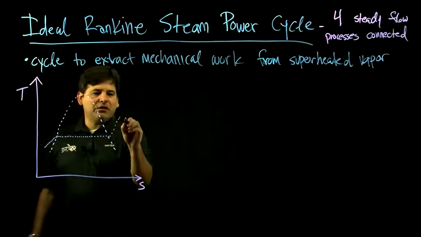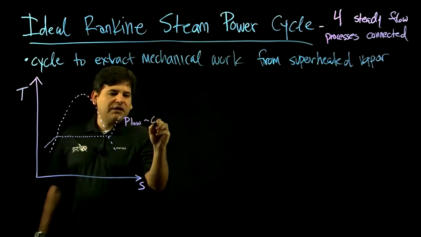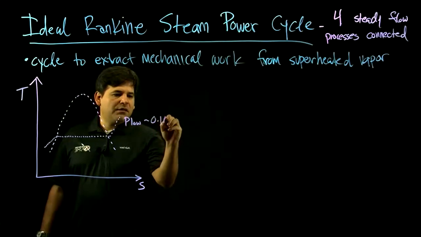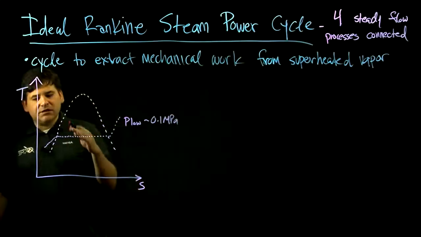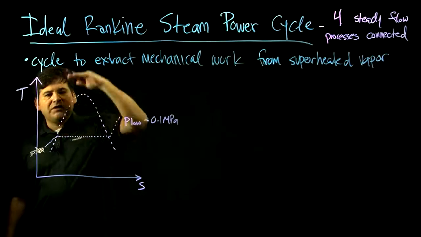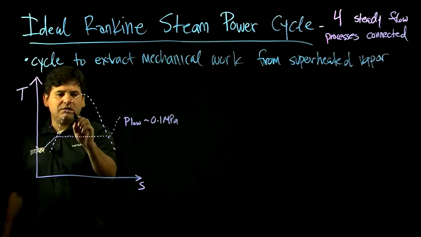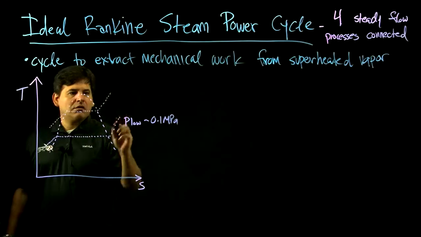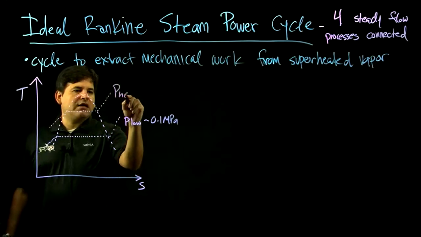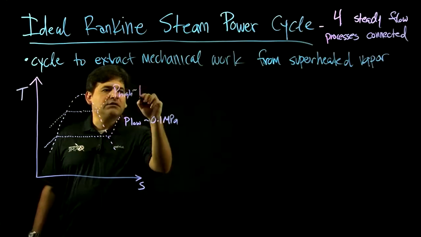So this would be the lower branch, P low, and it's typically around 0.1 megapascals. And the simplest case brings it between a lower branch and a higher pressure branch. Everywhere on this line, it's the same higher pressure. So this is P high, and this is typically around 10 megapascals.